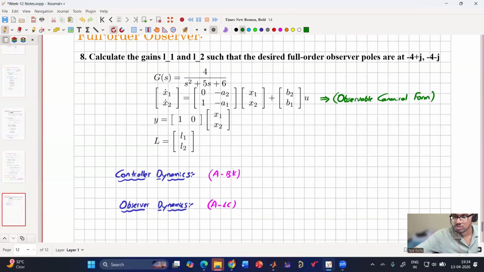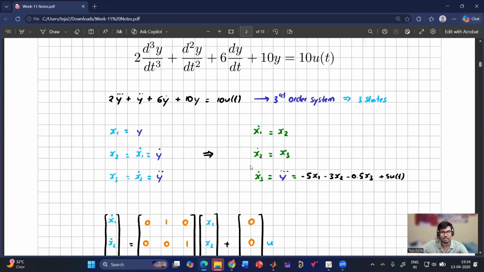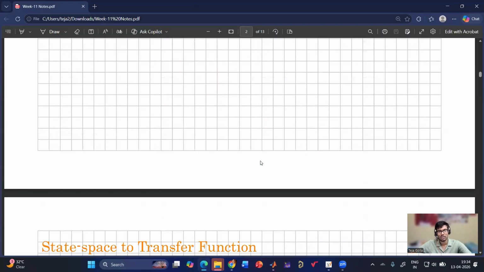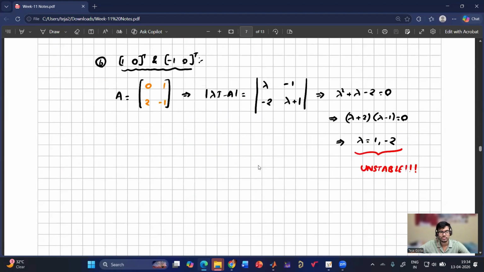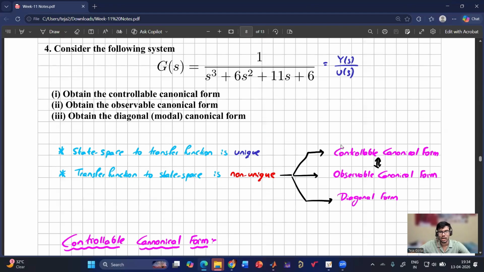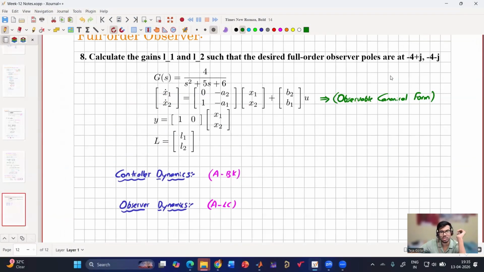Again, we'll cross check or correlate with what we have learned previously in the last week. We'll go to the canonical forms. Yes, it is observable canonical form.